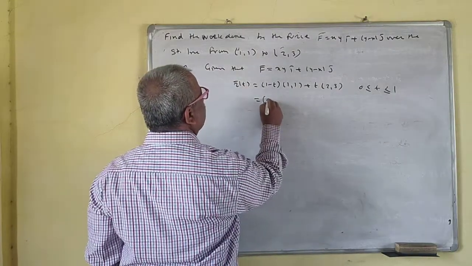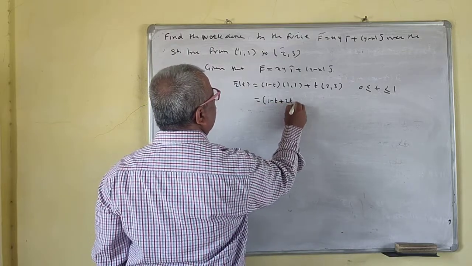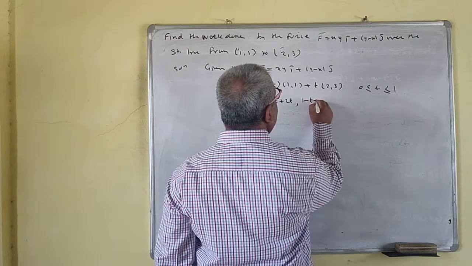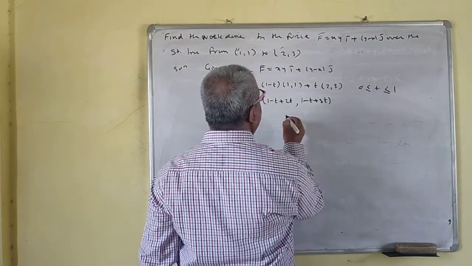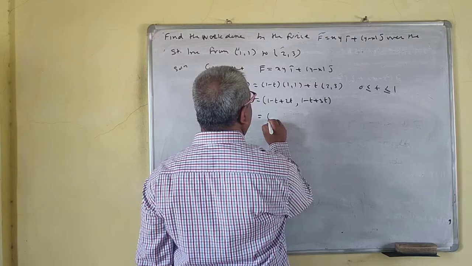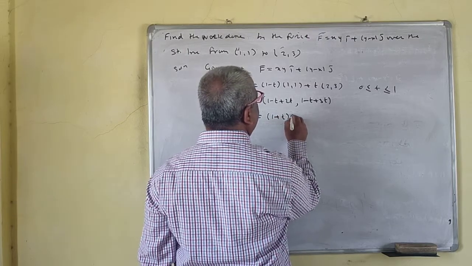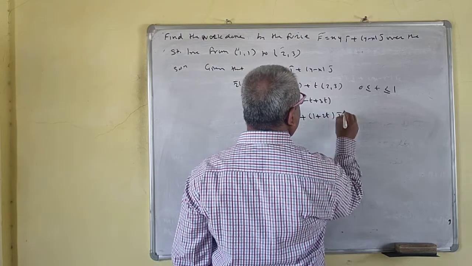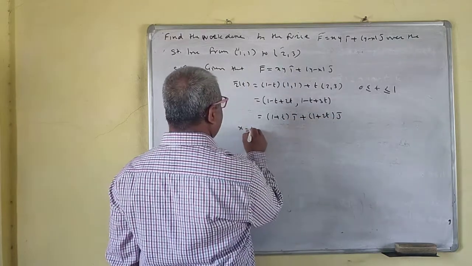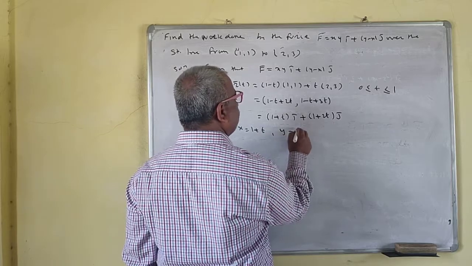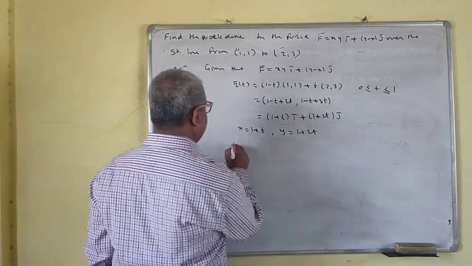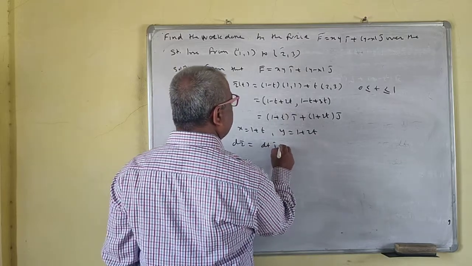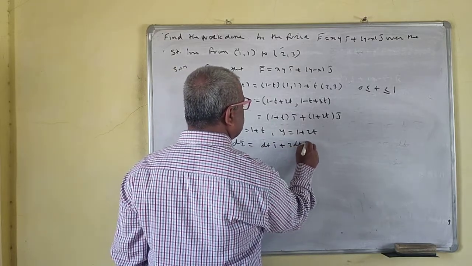So we write this as 1 minus t plus 2t, then 1 minus t plus 3t. So this is equal to 1 plus t i bar plus 1 plus 2t j bar. So x is equal to 1 plus t, y is equal to 1 plus 2t. So dr bar is equal to dt i bar plus 2 dt j bar.